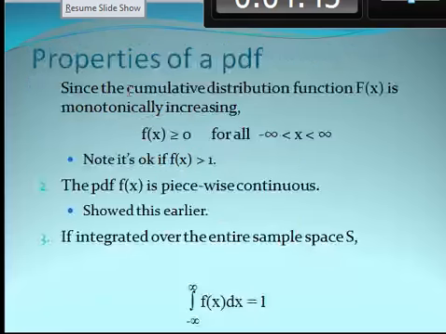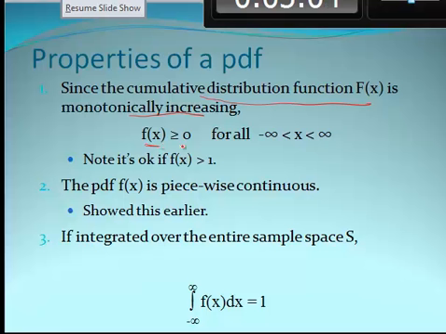The properties of a probability density function are actually pretty obvious. Since the cumulative distribution function is monotonically increasing, the probability density function is greater than 0 for every place it exists, and it's going to be piecewise continuous.